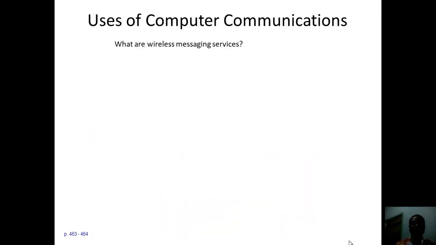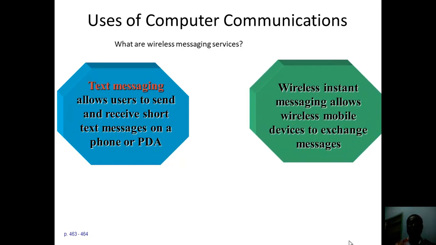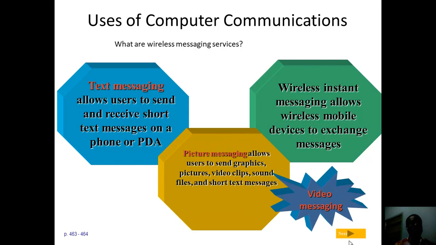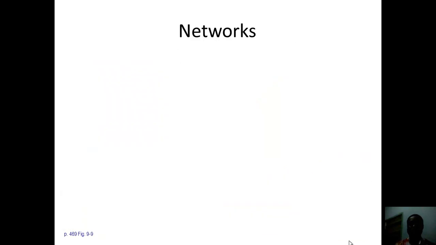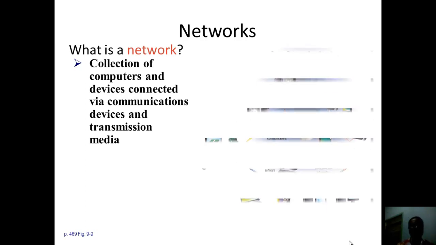Now let's see uses of computer networks. We have text messaging, we have video messaging, wireless communication in various forms, and so on. Picture messaging, and of late we have video messaging. Okay, so all these use computer networks. So let's come back and define what a computer network is.